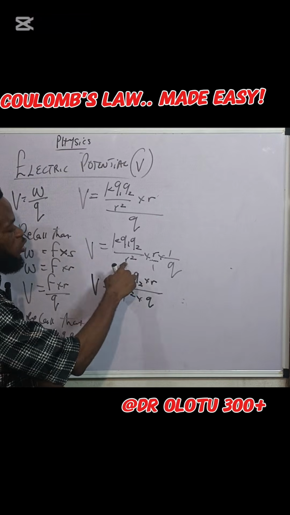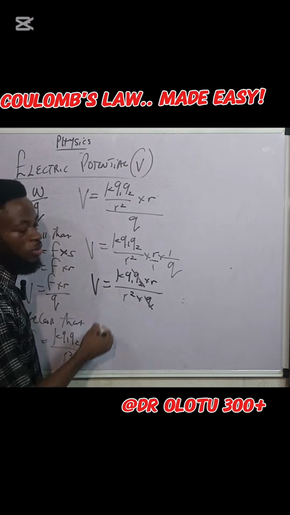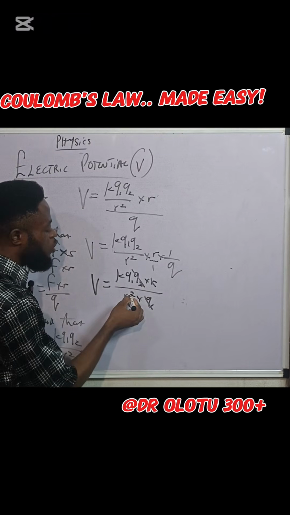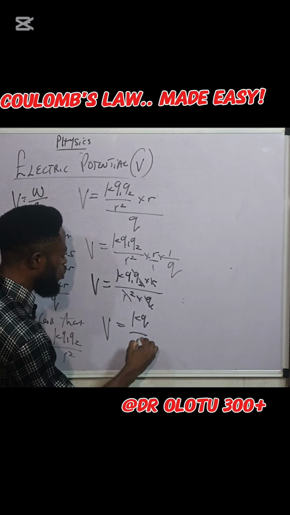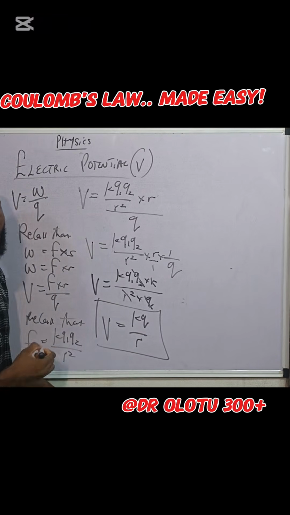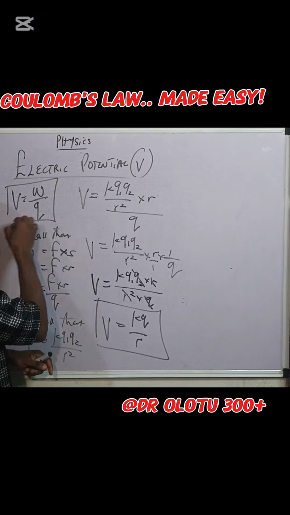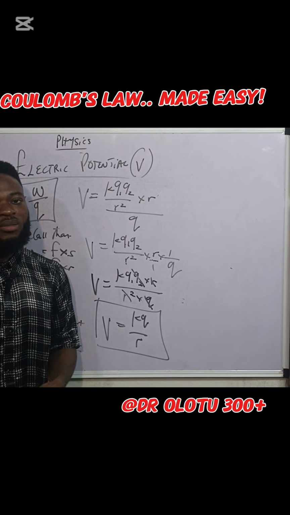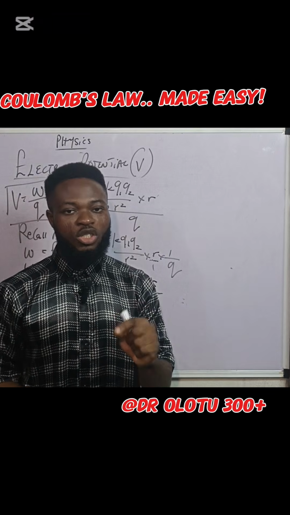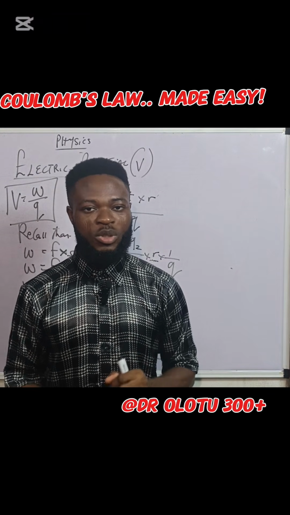I mean, R square times 1 times Q is R square times Q. Q cancels out 1 Q. R cancels out 1 R. Therefore, V is equal to KQ over R as the second formula for electric potential. So this is the first formula for electric potential, and this is the second formula for electric potential. It's very, very important. The next part now will be the relationship between electric field intensity and electric potential.